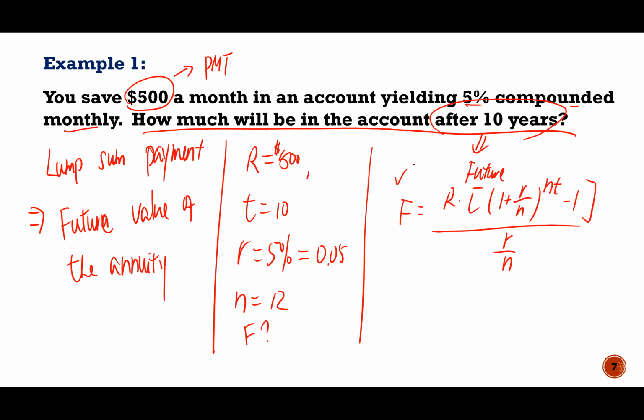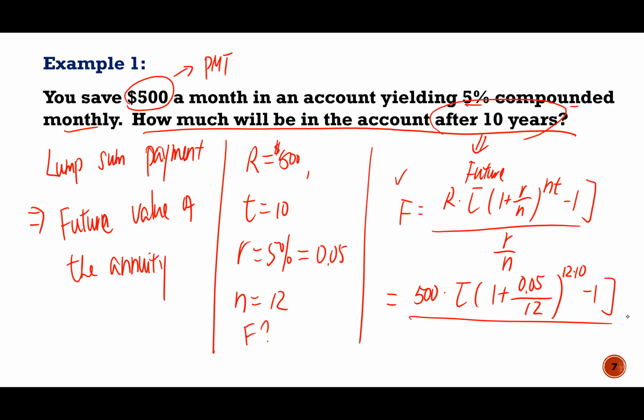The regular payment we know, the rate we know, n is 12, t is 10. So we can just plug into this formula. It's 500 times (1 plus 0.05 over 12) to the 12 times 10, minus 1, and then dividing by the rate, 0.05 over 12.